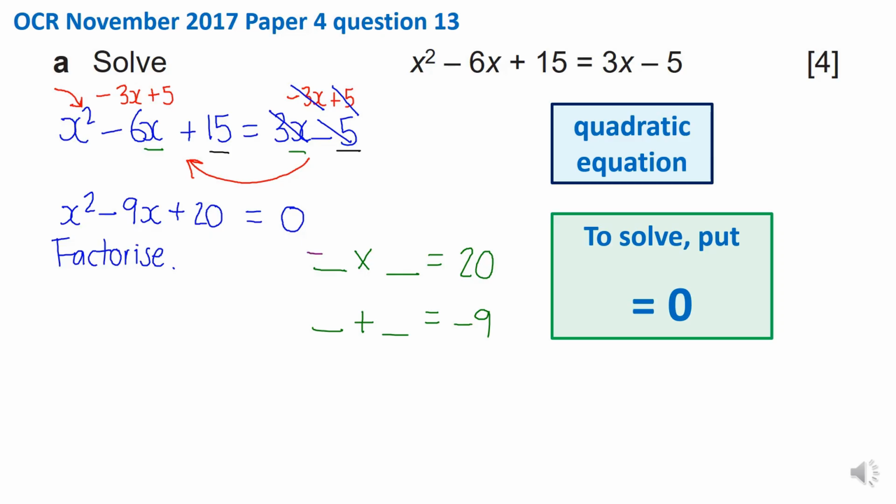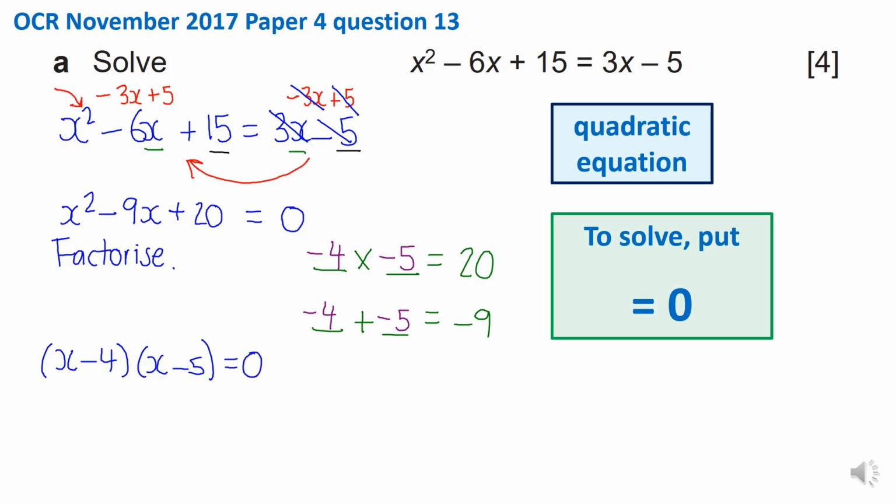A quick check will convince you that minus 4 and minus 5 work. So minus 4 times minus 5 gives you 20, and minus 4 plus minus 5 gives you minus 9. So we can write x minus 4, x minus 5 equals 0.